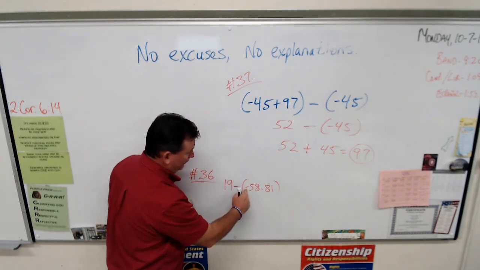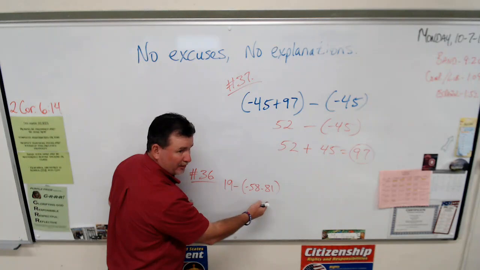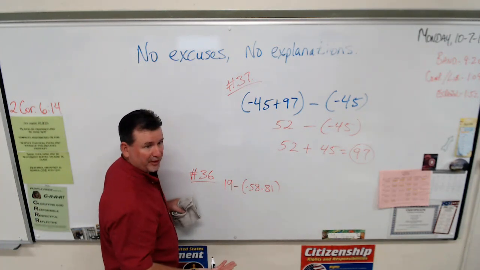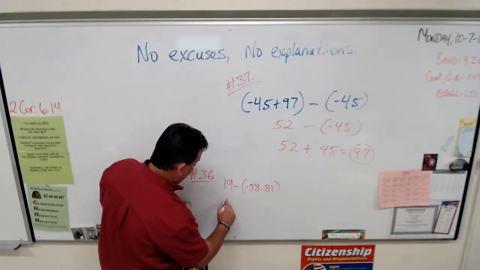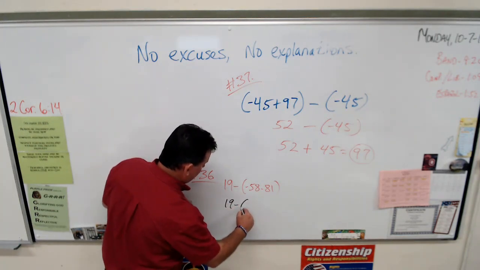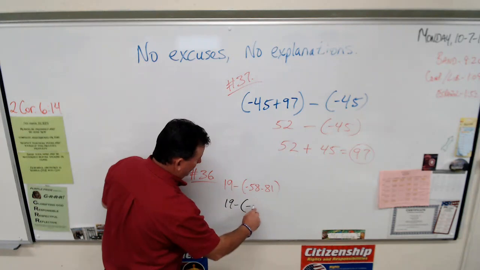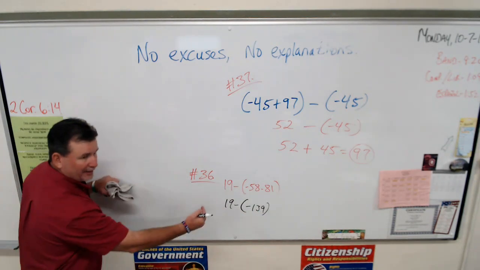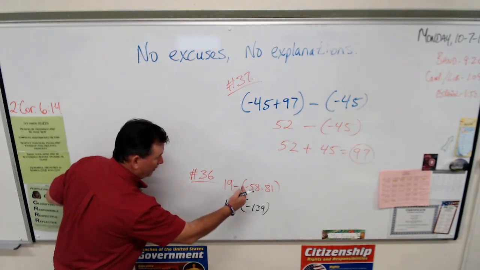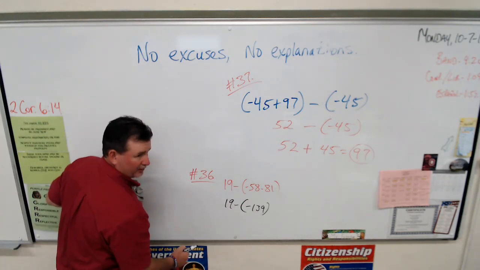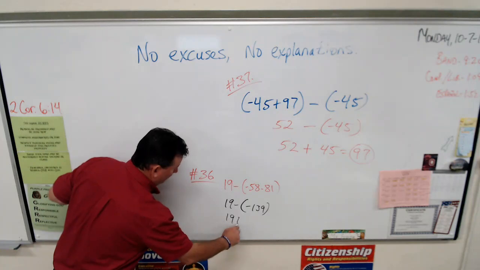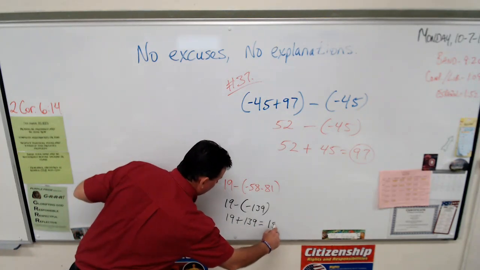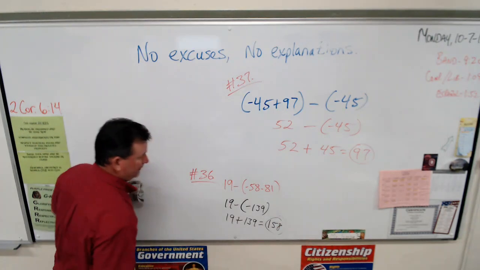I got negative and negative, right? I got negative 58 plus negative 81. Make sense? So that gives me 19 minus, inside of here I've got negative 139. 19, don't subtract, plus the opposite. 19 plus 139. That's how we got 158.